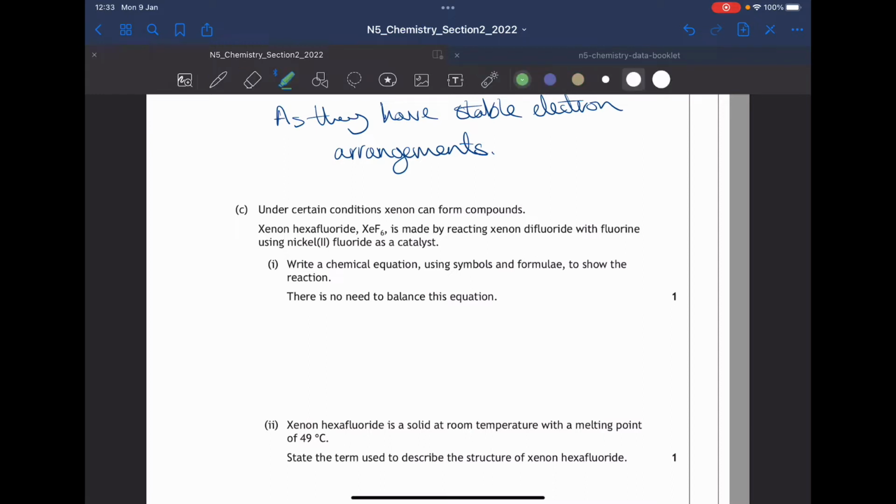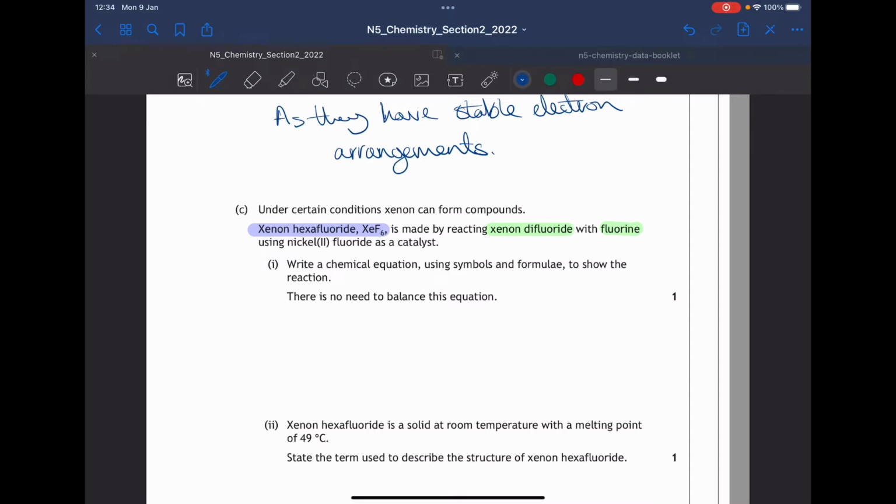So if I highlight the reactants in green, you're reacting xenon difluoride with fluorine and you're using nickel fluoride as a catalyst. So remember, catalysts don't go in the equation. They help the reaction go faster, but they don't take part in the reaction, so they're not going to go in our chemical equation. And then our product, the thing we're making, is xenon hexafluoride.